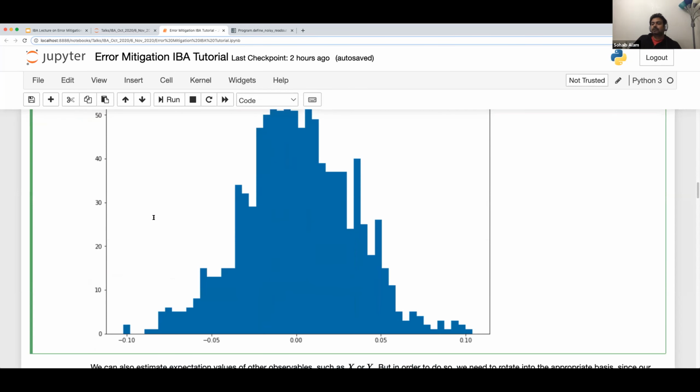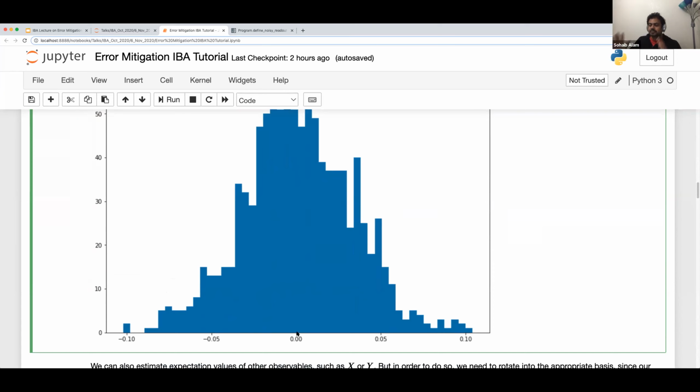And then that will tell you how thick or thin this particular bell-shaped curve is. You should explore how many shots you need, say, to estimate this to 3 decimal places, or to a precision in which you're basically sure that the error is not going to be any more significant than 0.01, for example.